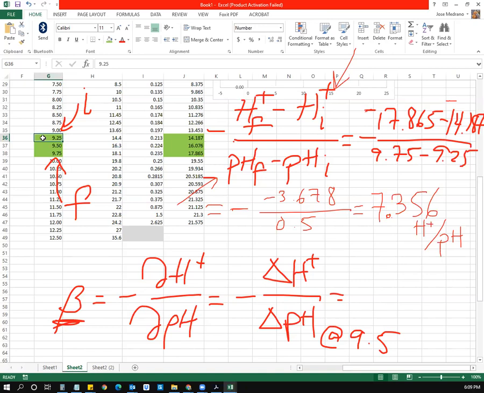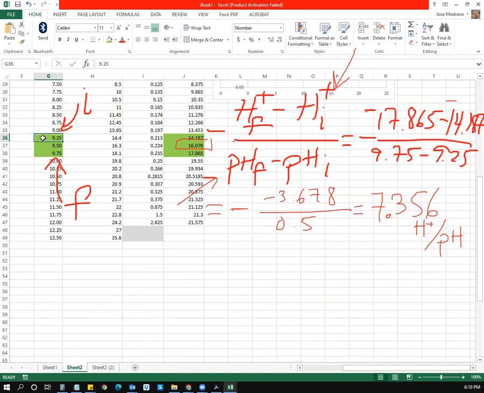So at this point in my titration curve, around 9.5, I had already added 16.076 millimoles of titrant. I'm going to go ahead and start erasing some stuff from here.